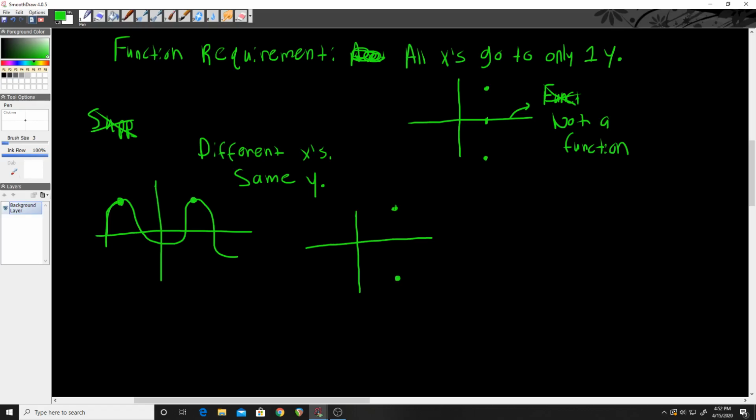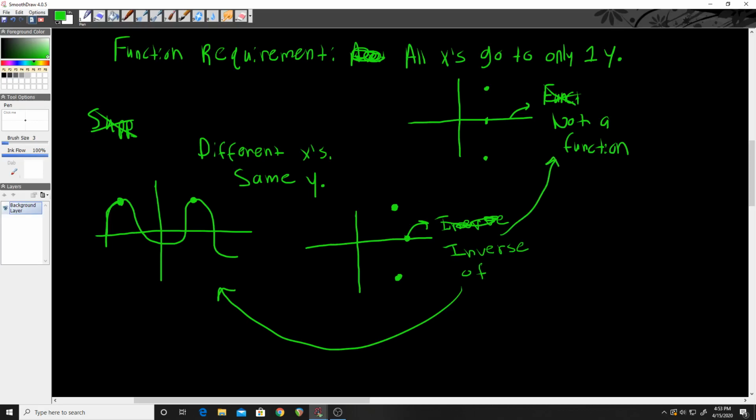So if we interchange x and y, y is going to be positive, y is going to be negative. But now if you look at this, this is the inverse. Wow, I cannot spell. This is the inverse of this guy over here. And so this is also not a function.